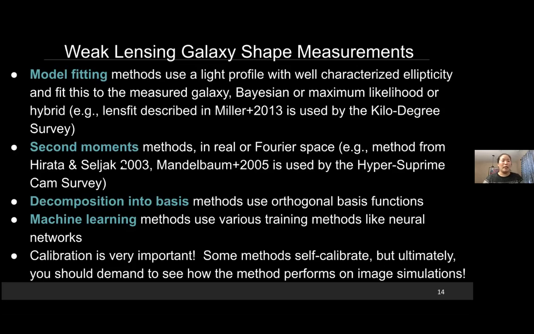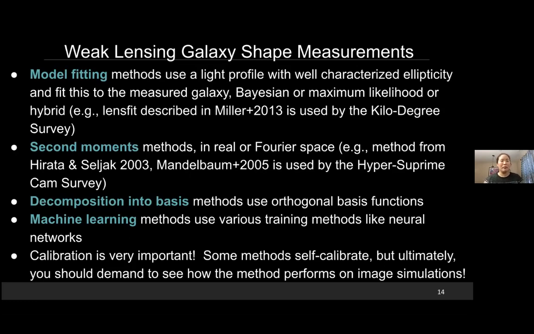And one example is the HSM method, named for the first letters of the authors. And this is a method used by the Hyper Suprime-Cam survey. And then there are, I would say, less common methods that might decompose into some sort of basis functions, and also machine learning methods, which as we grow our machine learning methods will maybe become a little more interesting in the future.